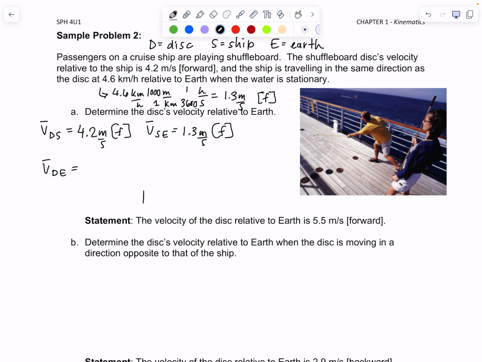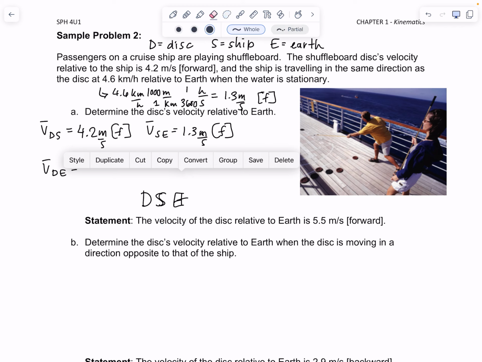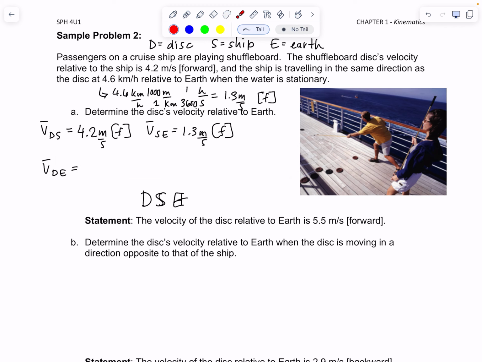So I have DS and I have SE. If I overlap these two, I will be left with the velocity of the disk relative to the Earth. Bring these velocities together such that when you add their subscripts, the first subscript and the last subscript are the ones that you want.